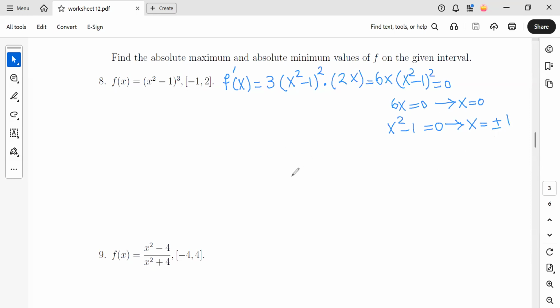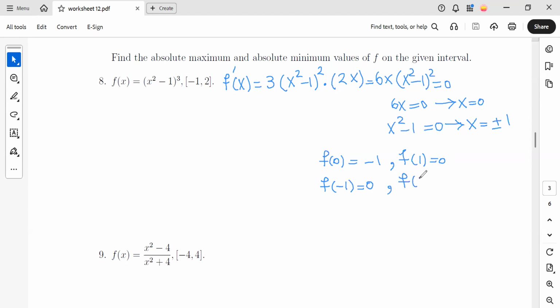And we need to find y values. F of 0, if we plug in the function, will be negative 1. And f of 1 will be 0. F of -1 will be also 0.